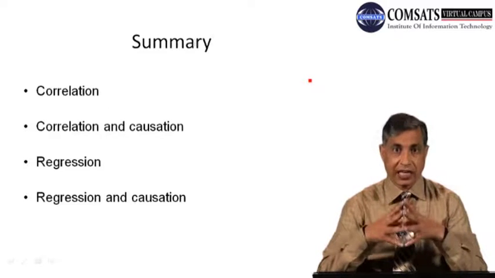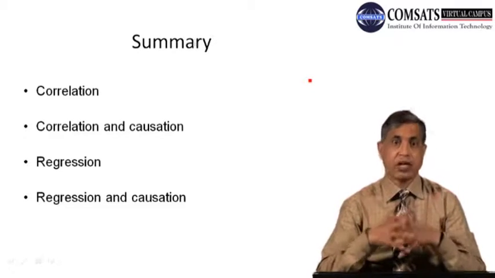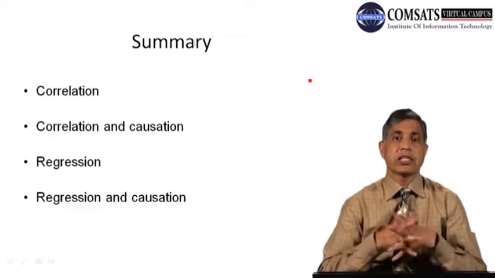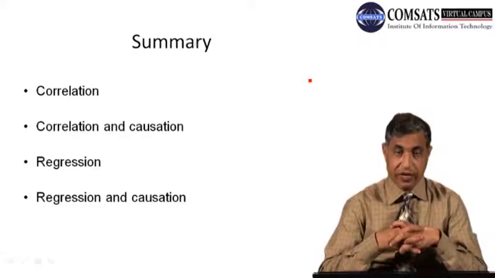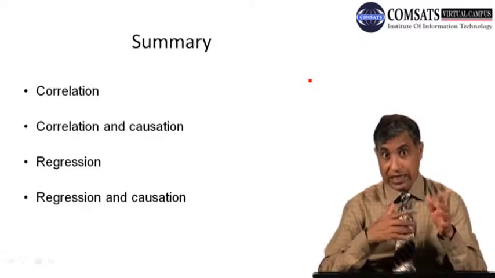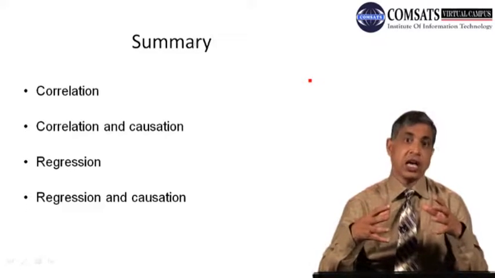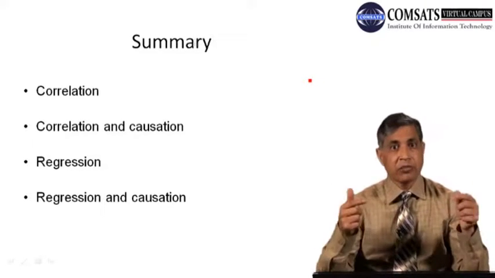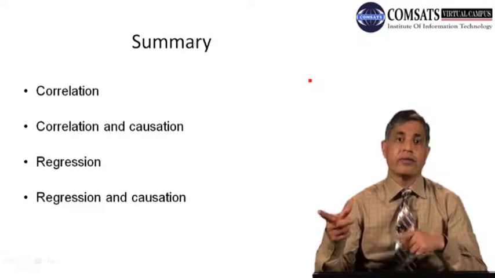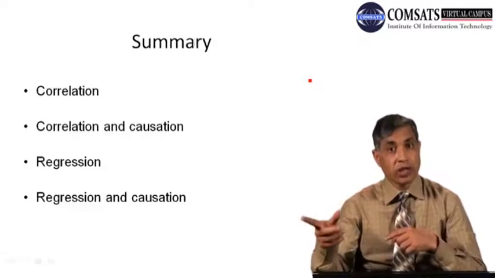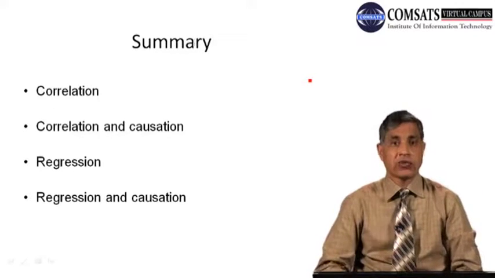It has some characteristics. I will just explain one or two. The first characteristic was that it may be positive as well as negative. We have found the boundaries of this. It can range between -1 and +1, and it can assume the values of +1 as well as -1.